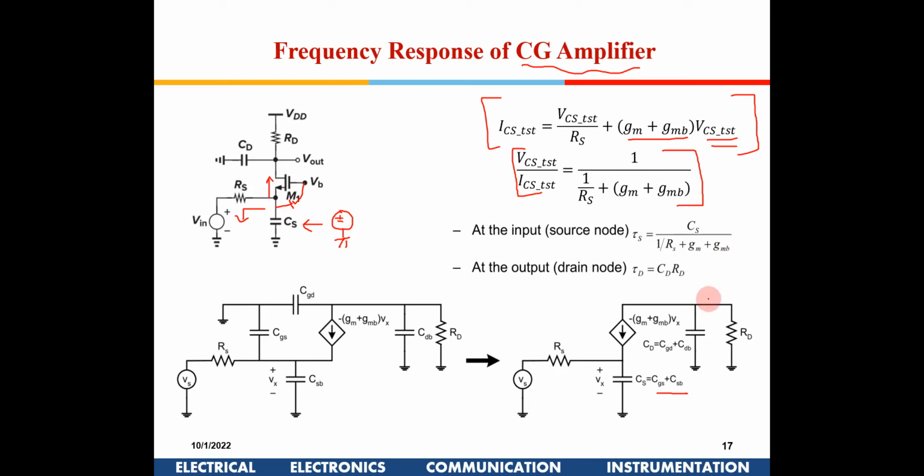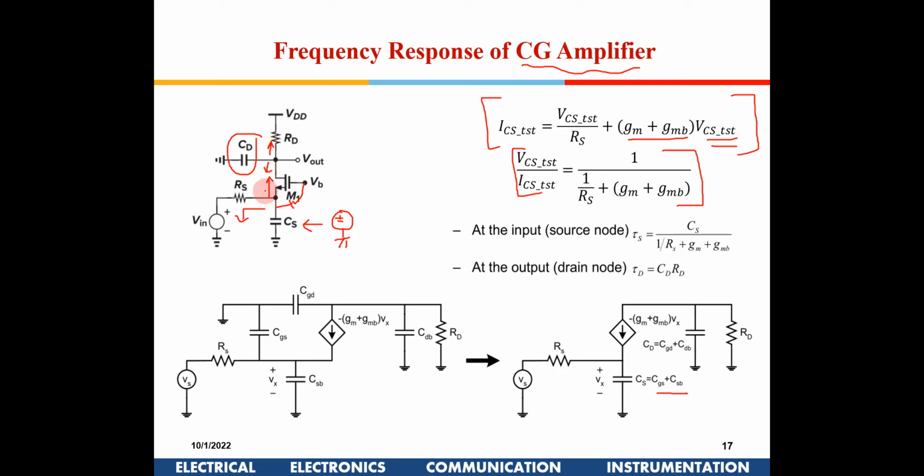Yeah, okay. So similarly, what about the impedance as seen by CGD? Okay. Now this is CGD, right? So now I am going to put a test signal out there, and then I am going to see. So one is RD, and the other one, if I look from the top, will be RO.